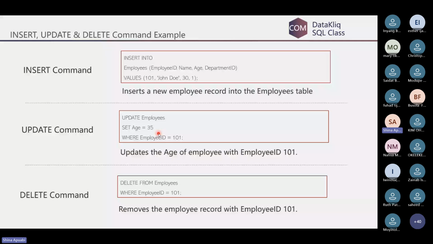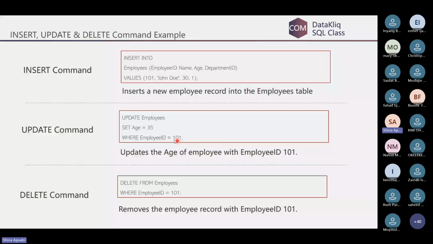And this part is very important too. If you don't put the where condition, that is, which row you want to update, and you just put 35 and forget to put where, every age in that database will turn to 35. This is very important. So you can just put where employee ID is equal to 101.